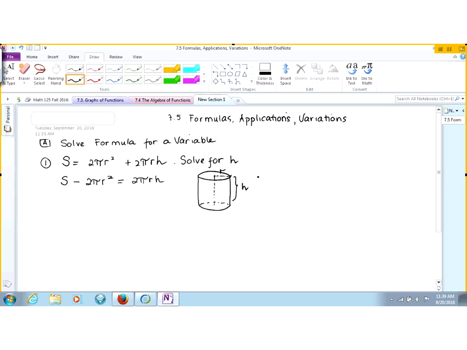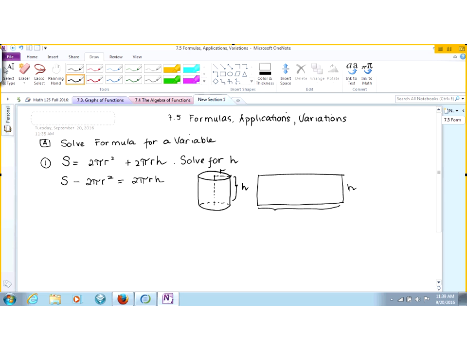And then you also have, if you unroll this, how will it look? It will look like a rectangle, right? If you cut this and unroll it, if you dismantle everything and then cut this, you will have a rectangle. This will be h. What about this? What will this be? Yeah, but what is the width? No, this is r. R is the radius.